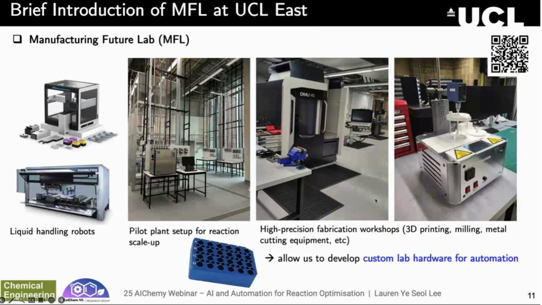Much of our experimental work takes place in the Manufacturing Futures Lab at UCL East, where we have access to robotic synthetic systems, online analytics, and flow chemistry platforms, as well as flexible tools for reaction screening and process monitoring. We also have fabrication workshops, so we can customize our labware and come up with bespoke reactor modules, and these really allow us to build custom automated chemistry platforms.